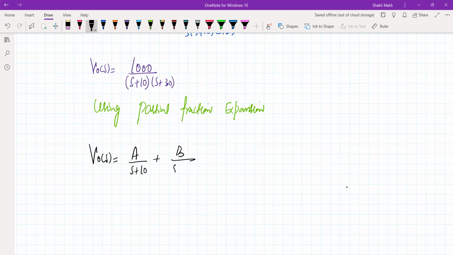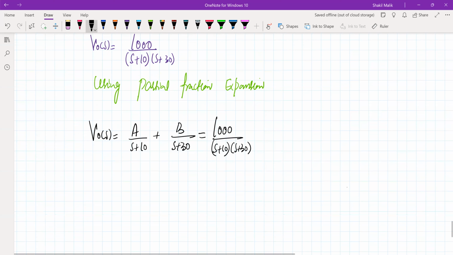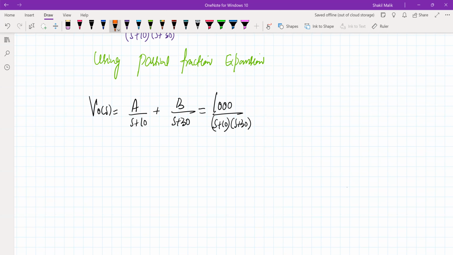Plus b divided by s plus 30, and this is equal to 1000 divided by s plus 10 and s plus 30. Now, to get the value of a and b, again we'll multiply both sides by this denominator term. So we'll have a into s plus 30, as s plus 10 and s plus 10 will get cancelled, plus b into s plus 10. This will be equal to 1000 when we multiply both sides by this denominator term.